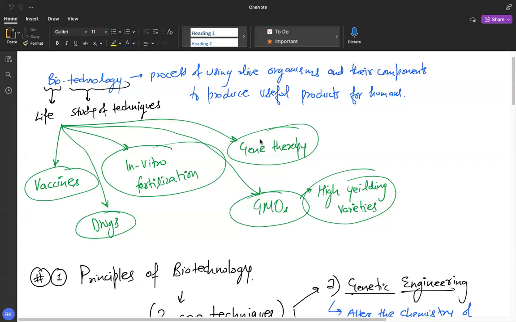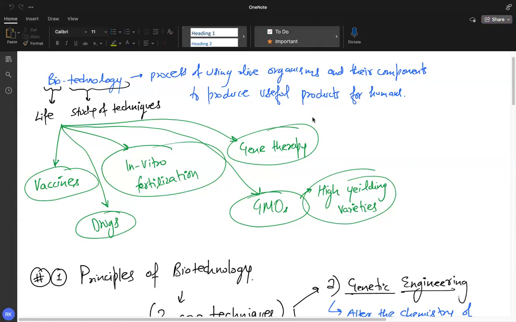So if in the reproduction chapter we studied that IVF is one way of assisted reproductive technique, that's also a product of biotechnology. Okay. Gene therapy, this also I taught you in the genetics chapter. When anyone has a genetic disorder that can only be treated by giving some kind of gene therapy, there also we basically perturb or tweak the genes or the genetic makeup.